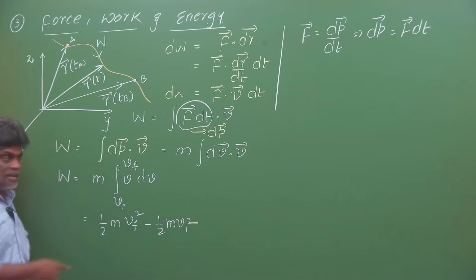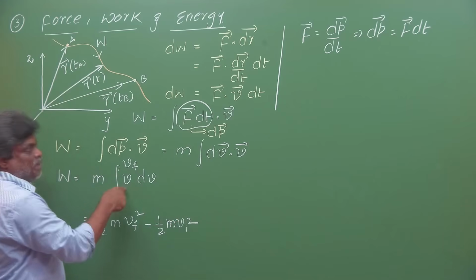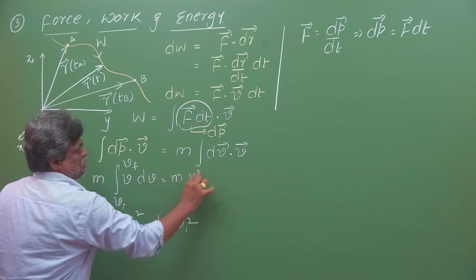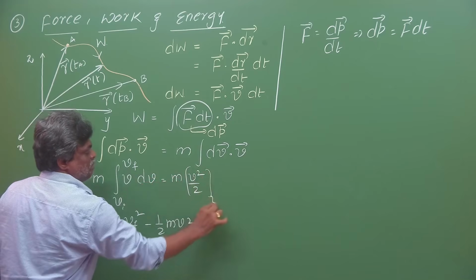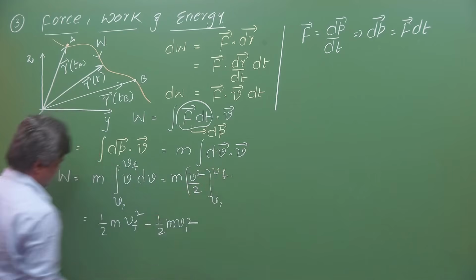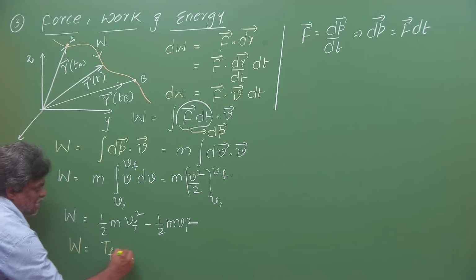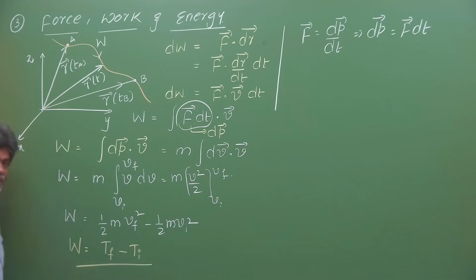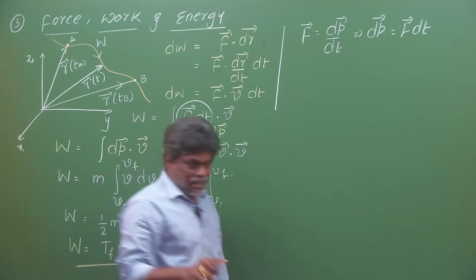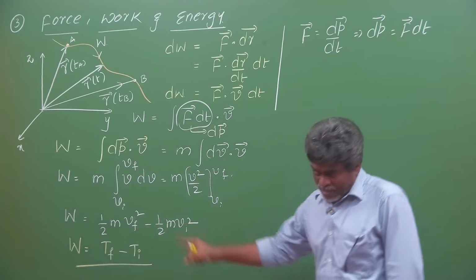Everybody understand? What is this v integral? v square by 2, m v square by 2 from v initial to v final. That's it. Now finally, the work done is equal to the final kinetic energy minus the initial kinetic energy. So the change in the kinetic energy is nothing but the work done.